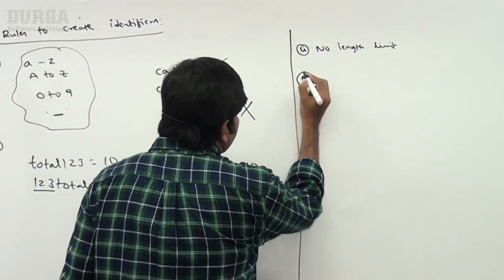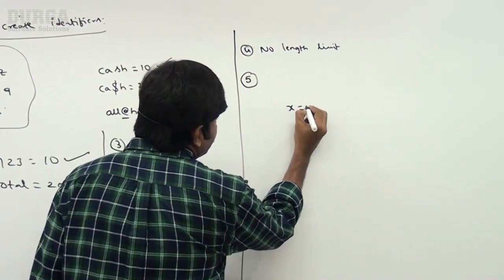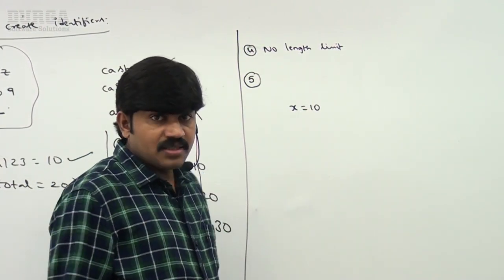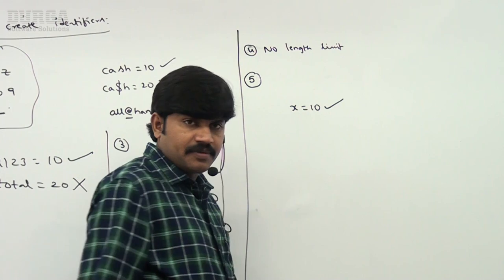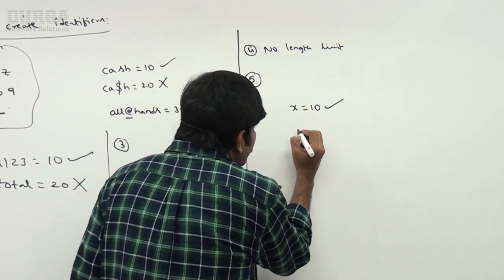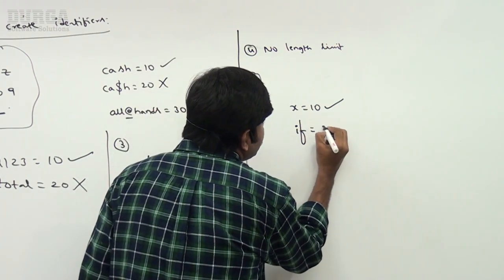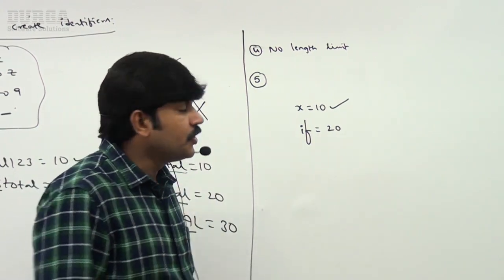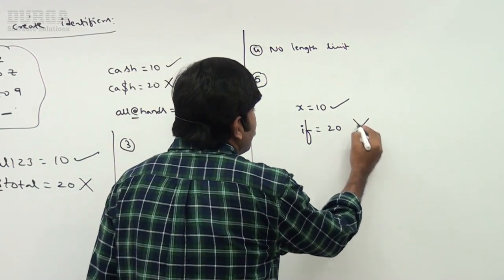Okay, well, sir, the next point, a very important point, after no length limit. Sir, now if I take x is equal to 10, valid or not? x is equal to 10, perfectly valid, no problem, right? If I take if is equal to 20, immediately we are going to get an error.